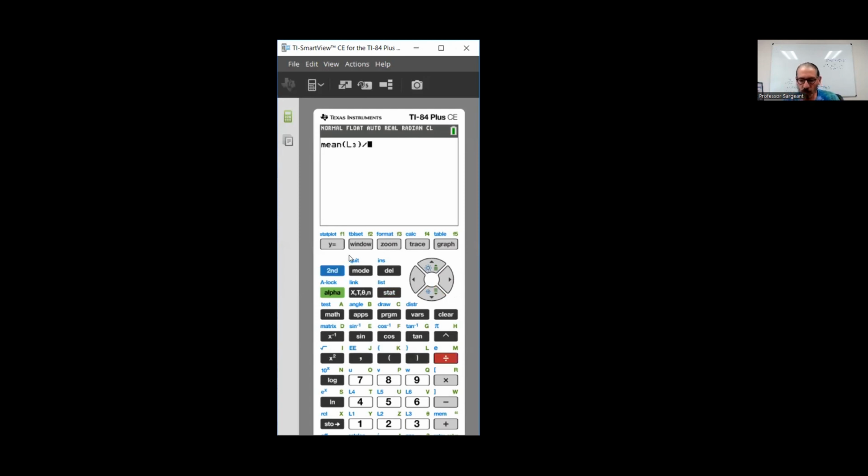Close that parenthesis, and then division around S, second and stat, math again, and it will pick the correct standard deviation. It's going to give us the sample standard deviation. Again, that came from list 3. Close that parenthesis, divide by the square root of the sample size 6, and then close the overall mini fraction that we're dividing by. And I was saying that I expected between negative 0.5 and negative 0.6.